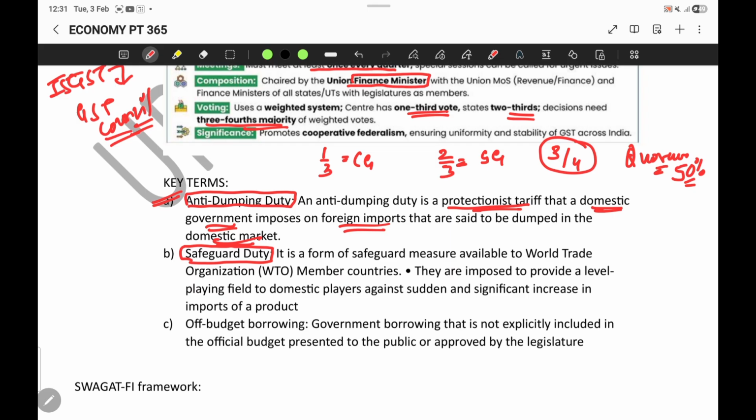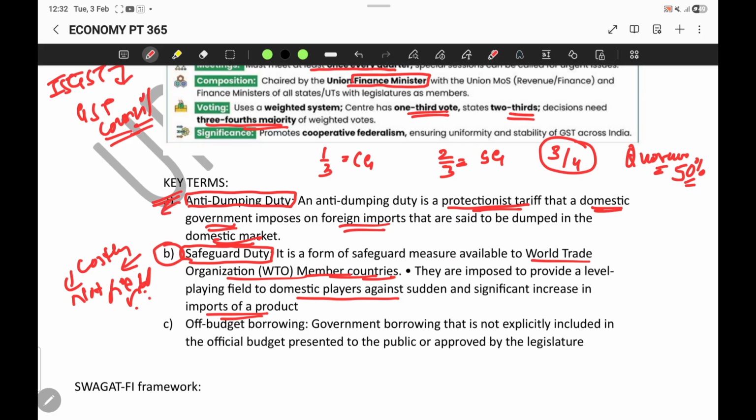What is safeguard duty? It is a form of a safeguard measure available to WTO member countries. They are imposed to provide a level playing field for domestic players against sudden or significant increase in imports of the product. This is like when imported products are becoming very costly or not providing a level playing field, then it is imposed.